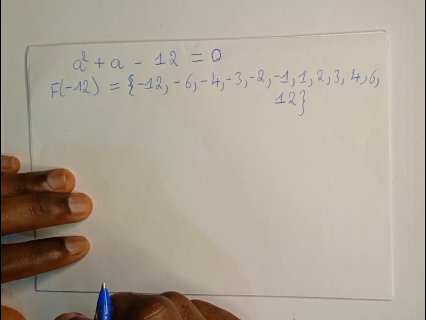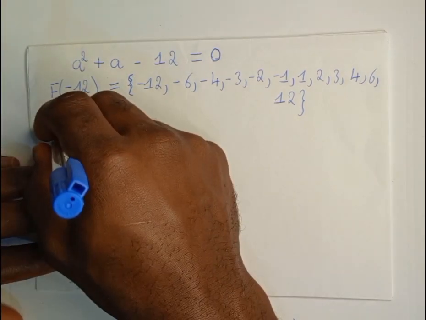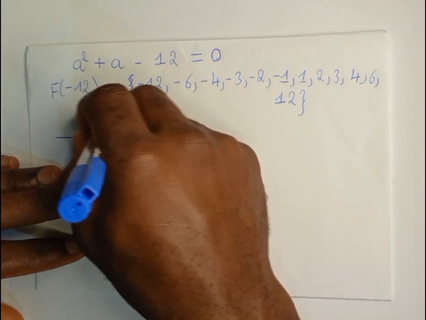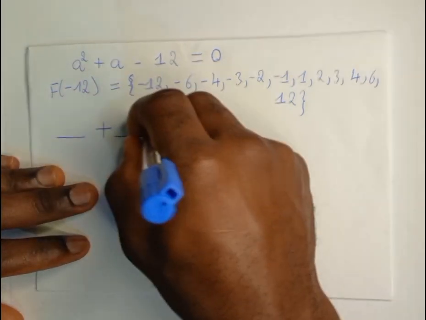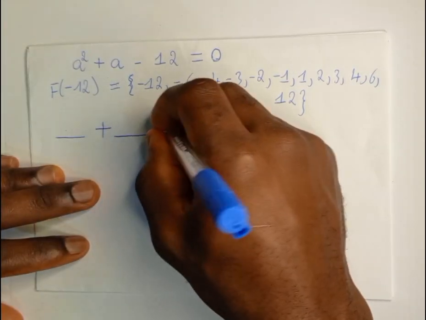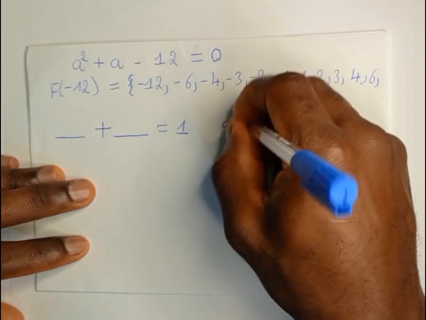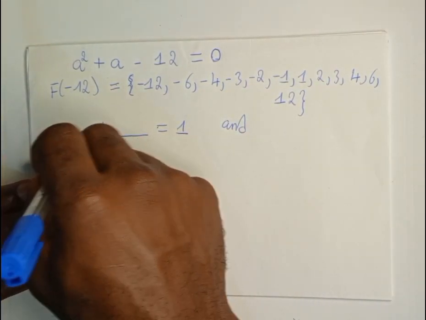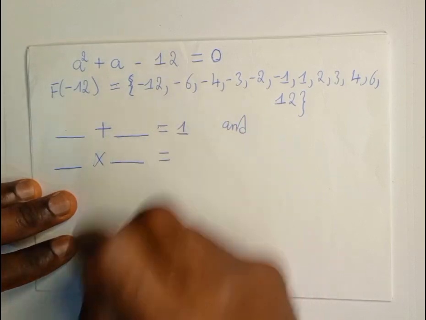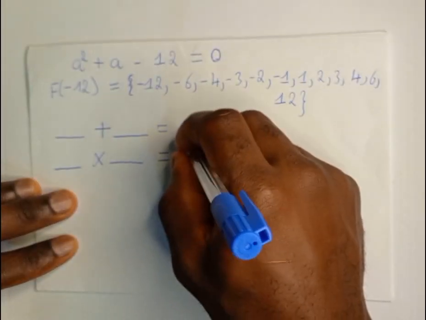Next thing, from the set of factors of negative 12, we need 2 factors of negative 12 such that their sum is equal to the coefficient of a, which is 1, and their product is equal to negative 12.